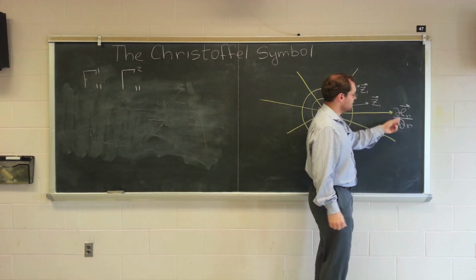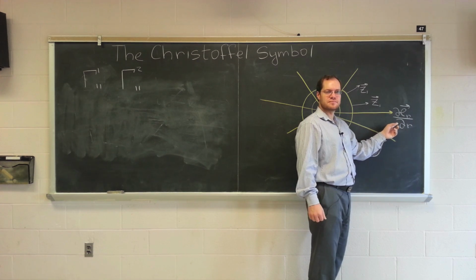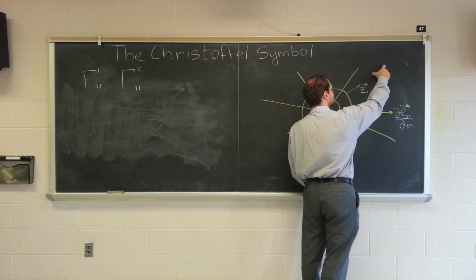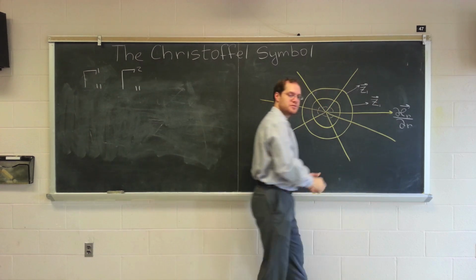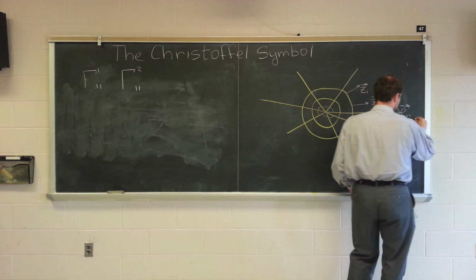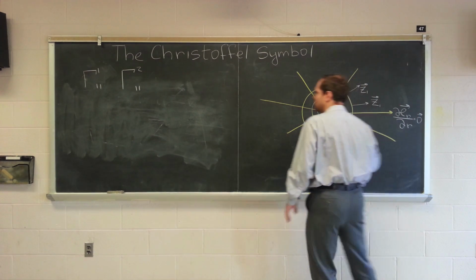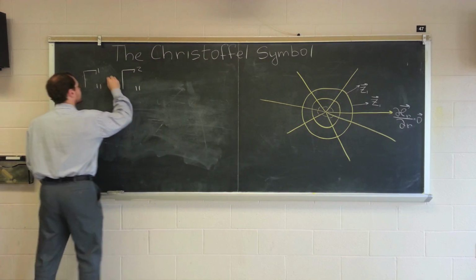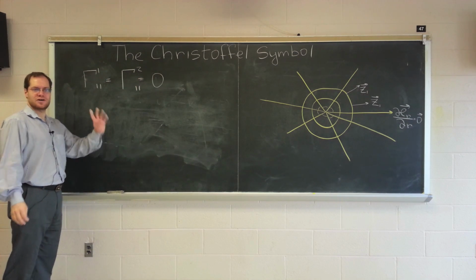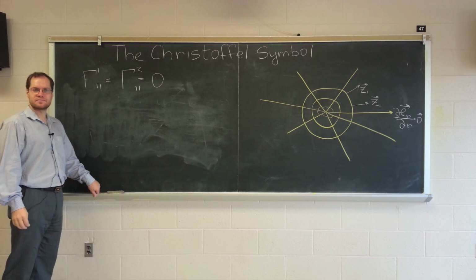But now let's just figure out what this vector is geometrically. What is the rate of change of this vector as you move radially away from the origin? 0. This equals the 0 vector. I know how to decompose that. 0. Great. 2 out of the 8 are taken care of.